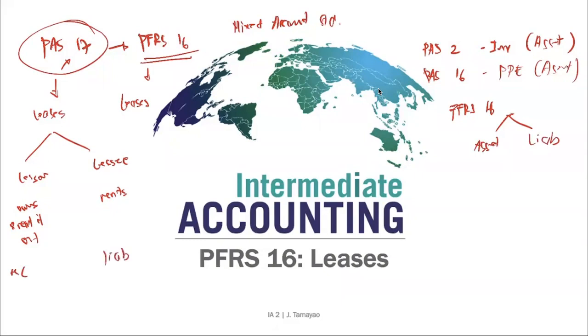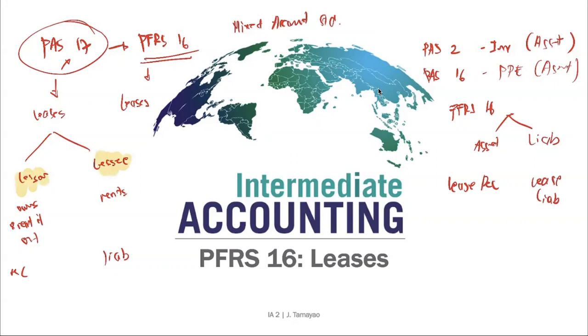The asset portion here is known as your lease receivable on the part of the lessor, and the liability portion is known as your lease liability on the part of the lessee. Having placed here that PFRS 16 is a mixed account, as we go through, you will learn that you are accounting for two persons, accounting for a lessor and accounting for a lessee.